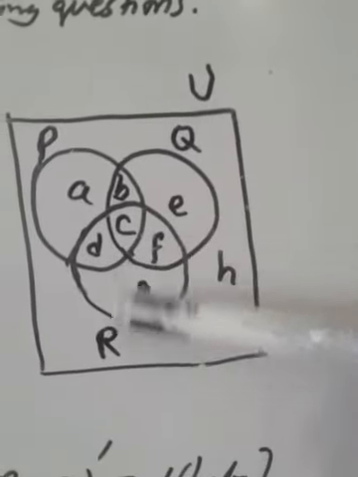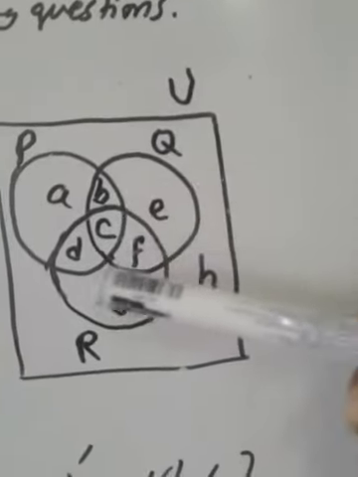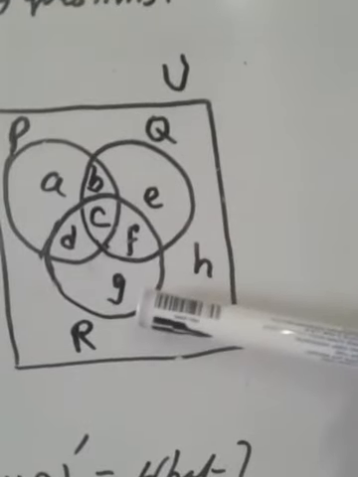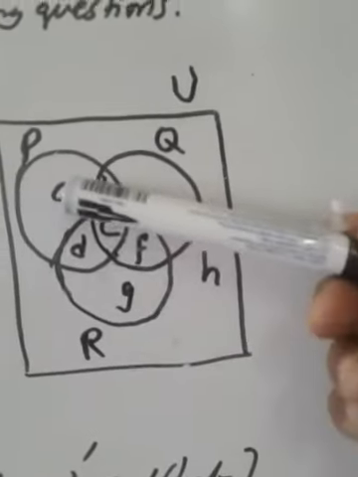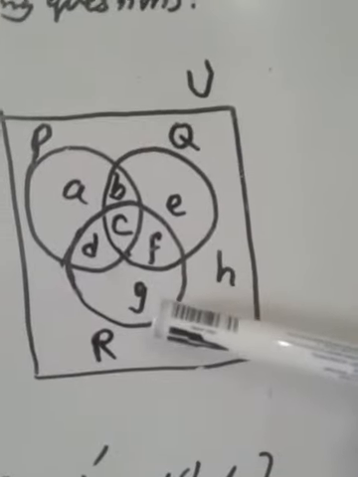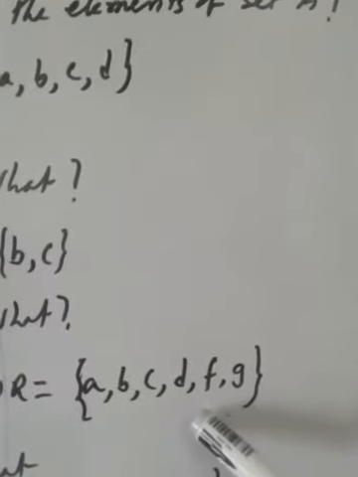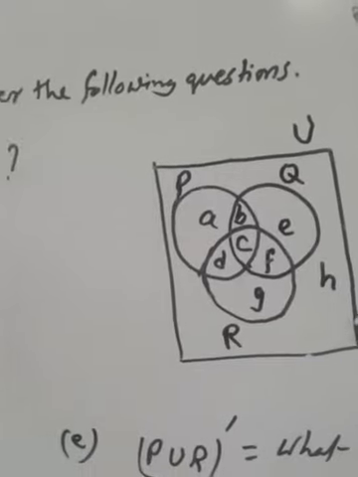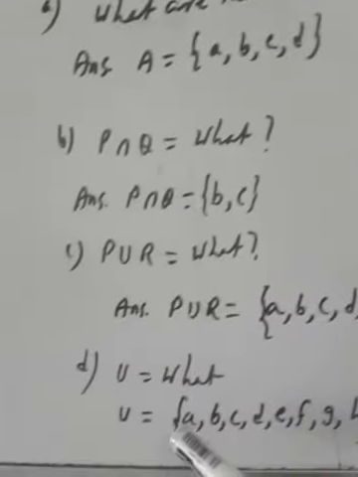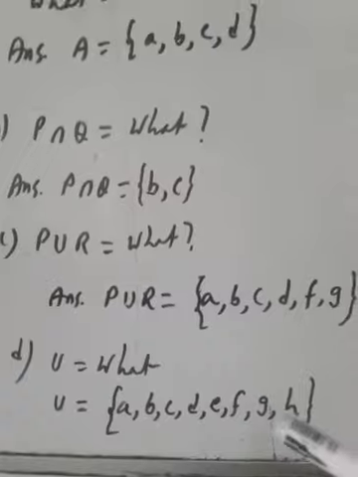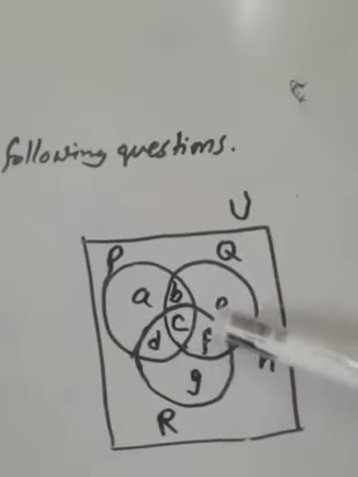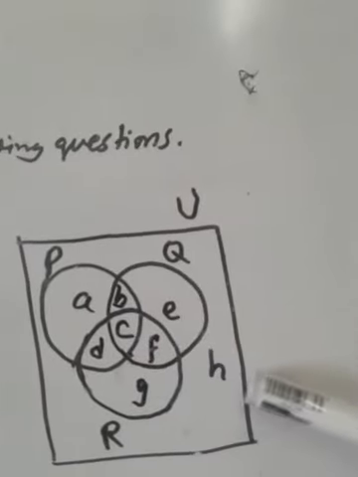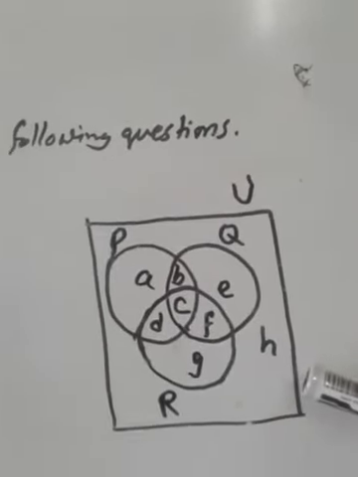In the P and R circles we are getting A, B, C, D, F, G: 1, 2, 3, 4, 5, 6. So P union R equals A, B, C, D, F, G, except E and H. U equals what? U equals all the letters inside the square: A, B, C, D, E, F, G, H.